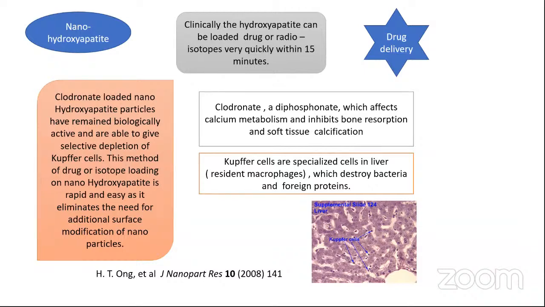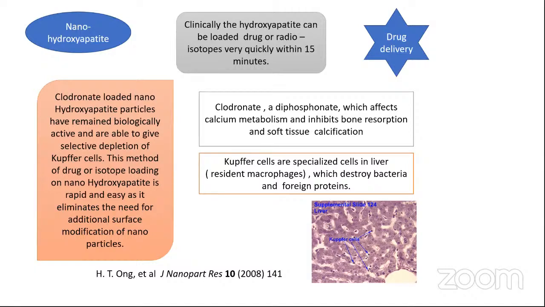Now, Kupffer cells are specialized cells in the liver, because the liver works as a scavenger. It protects us against bacteria as well as toxicity. So Kupffer cells are very important cells for liver function, and they destroy bacteria and foreign proteins.